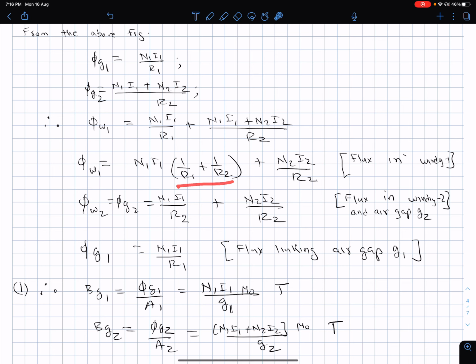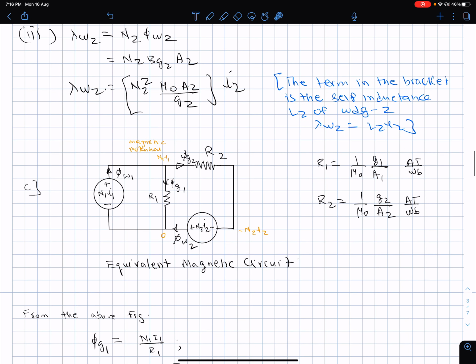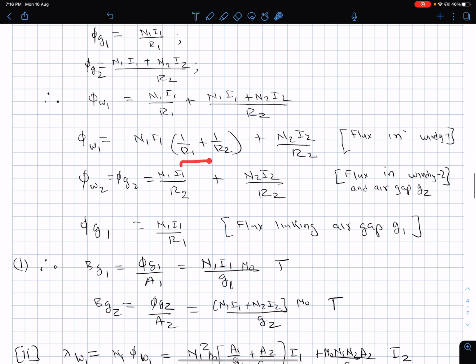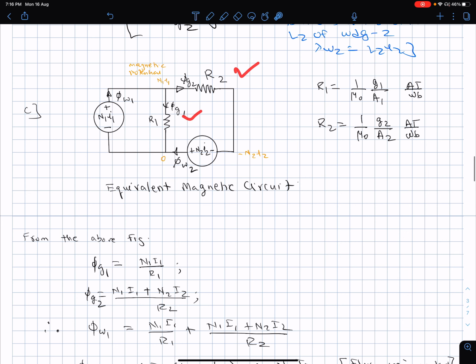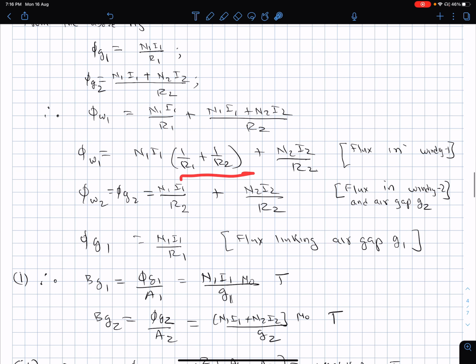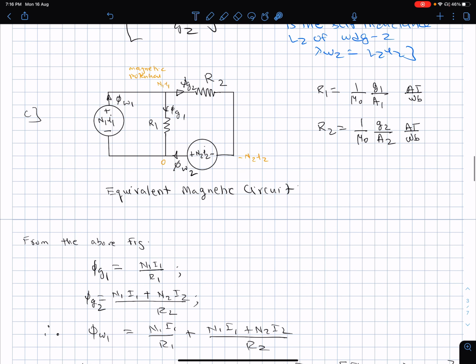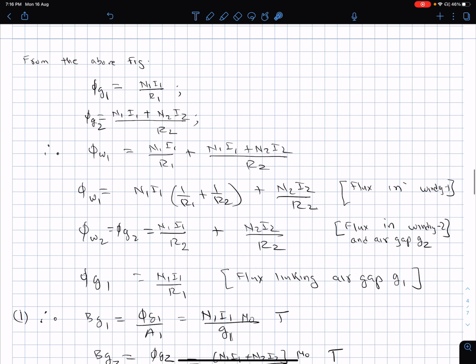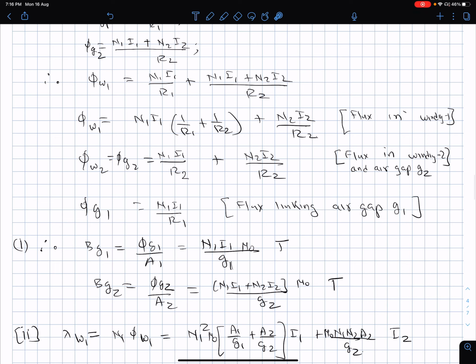So this is the reciprocal of the reluctances acting. When N1I1 was acting alone, this is what would have been the flux created in the winding 1. When this was acting alone, then this last term which I have separately written here is N2I2 by R2. This is what would have been acting alone.